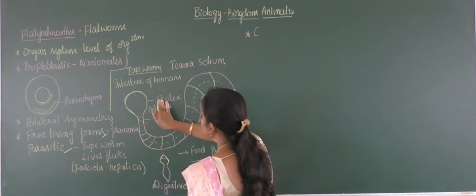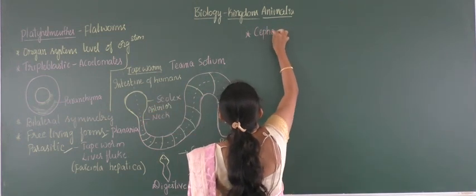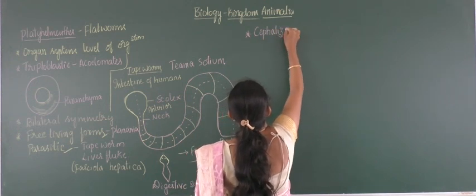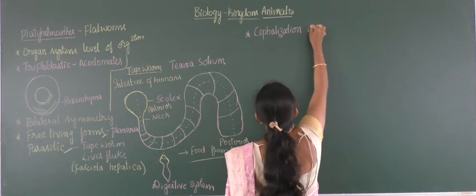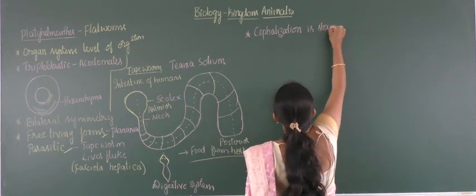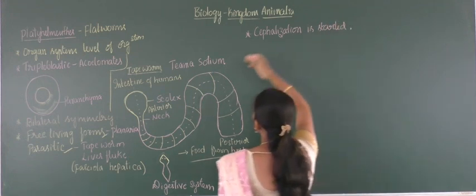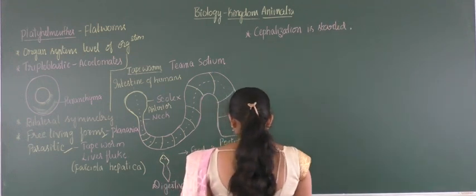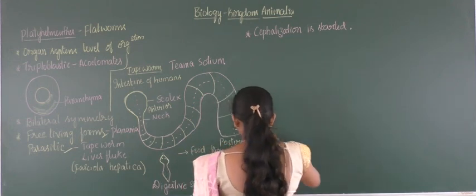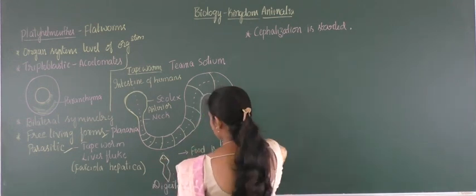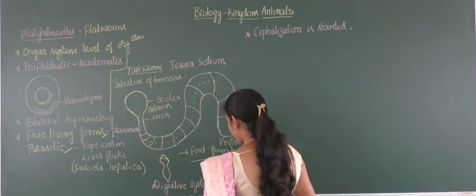Here it is called as head region, right? Cephalization is started from this phyla, and later on they possess a digestive system, which I discussed in case of free living forms and also parasitic forms.